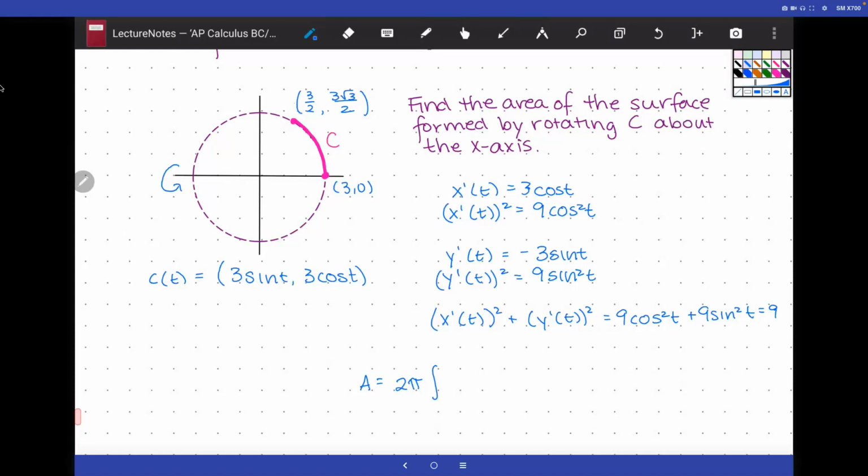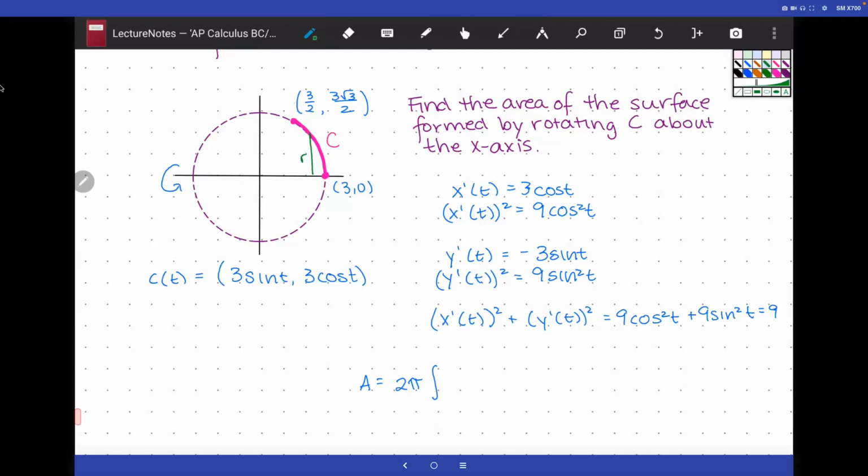So r3 is the radius of the circle, but when we're looking at the surface area, we're going to look at y of t. As we spin around, remember if you look at one slice, the radius of the slice is going to be where I just wrote r, and that's going to move around based on whatever y of t is.